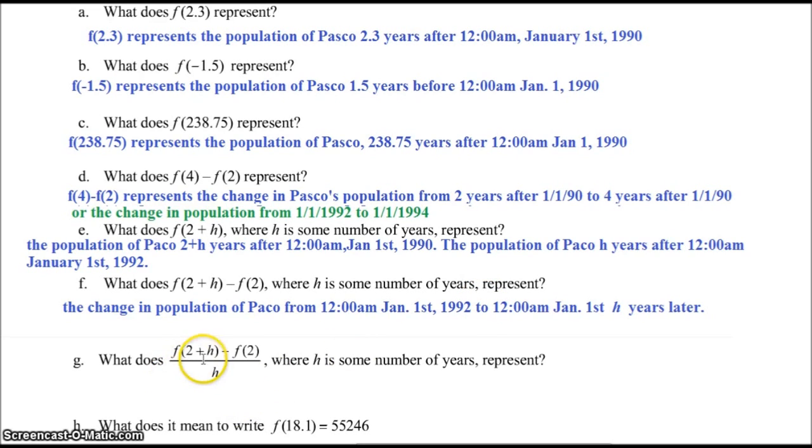So what does f of 2 plus h minus f of 2 over h, where h is some number of years, represent? Notice that this function would give us a change in population divided by a change in time. So this is a rate. It's a ratio. It's a rate of change.